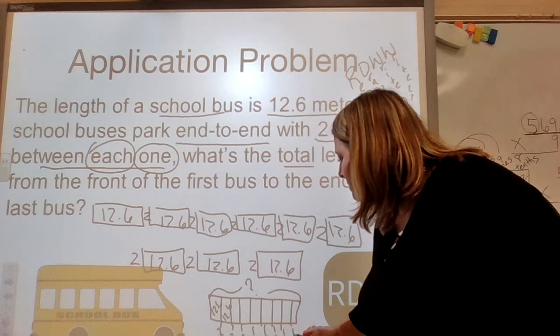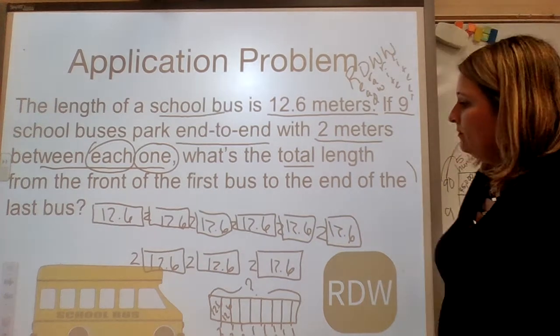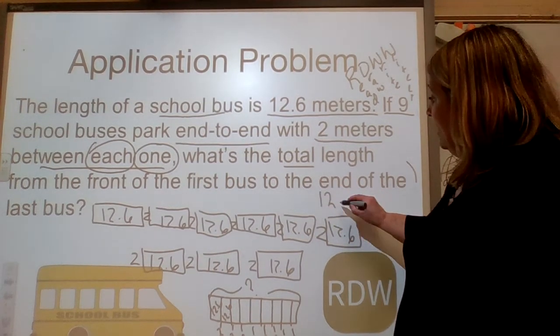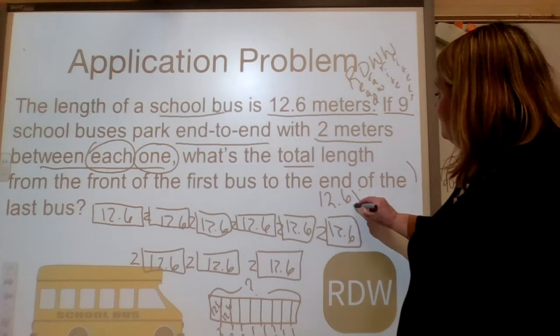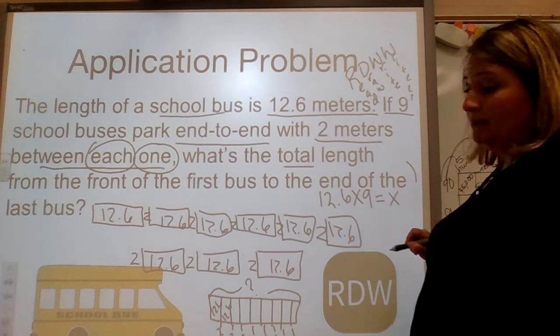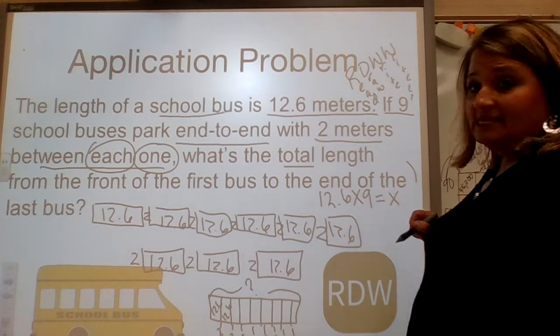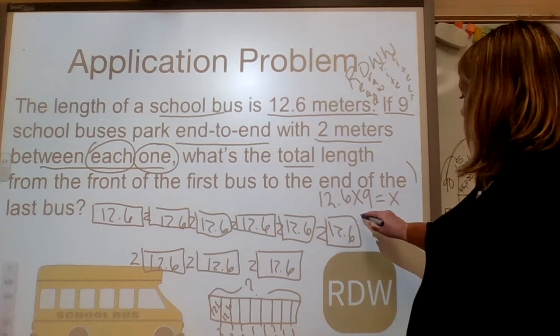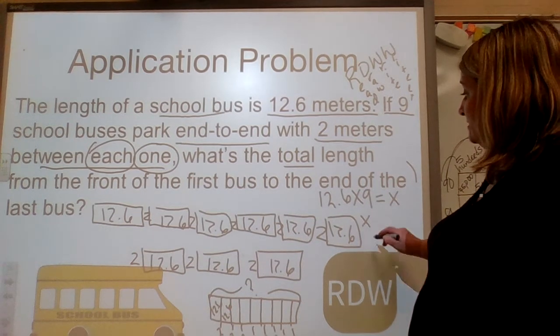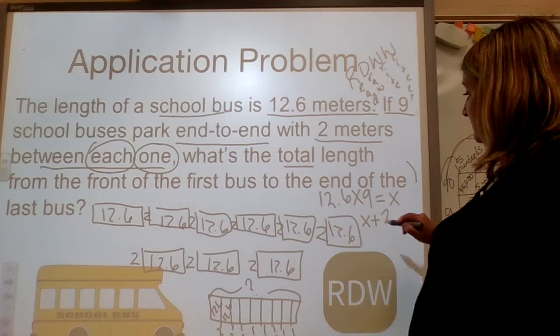So, what is my equation going to look like? Well, it's going to be 12 6/10 times 9 equals x. Remember, x represents my unknown. And then I'm going to have to add 2, okay?